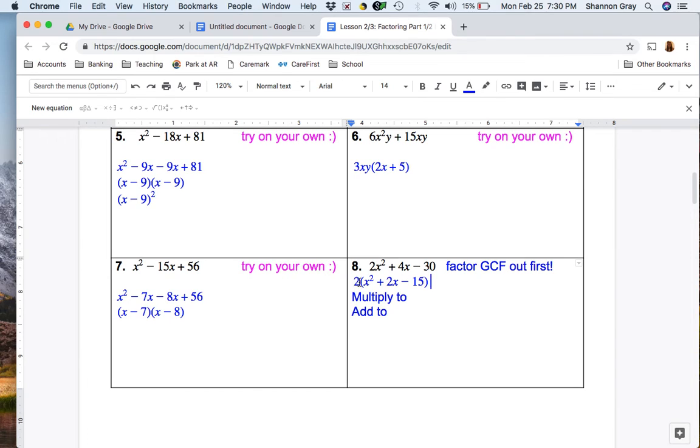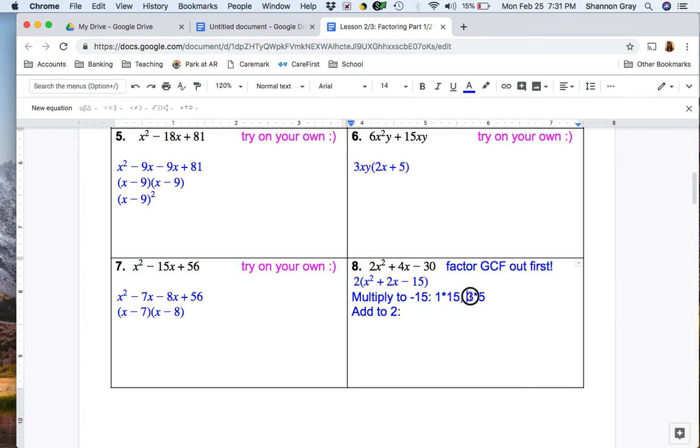All right, so I'm keeping the 2 here, but I'm ignoring it for right now because it's already factored out. So I need to multiply to -15. So I'm going to list my factors are 1 times 15 and 3 times 5. But I know that I'm also adding to 2. So again, since this 2 is positive, I know it's not going to be 1 times 15 because that's way too big. 1 plus 15, or even if one of those was negative, is not going to give me 2.